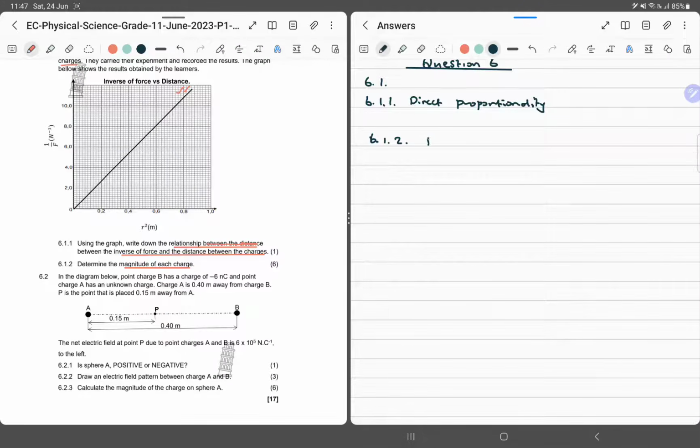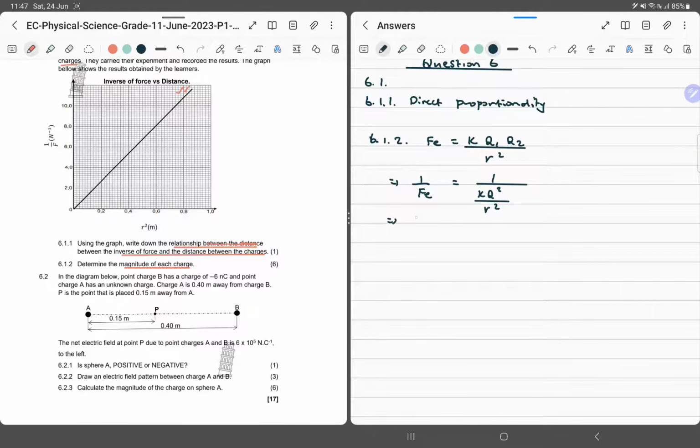First of all, we know that the electrostatic force is going to be K Q1 Q2 over R squared. This is Coulomb's law. Yeah? But now we know that these charges are the same. So this implies that when you take the inverse of the electrostatic force, it will be the inverse of the right hand side also. But now since these ones are the same, it's going to be KQ squared over R squared.